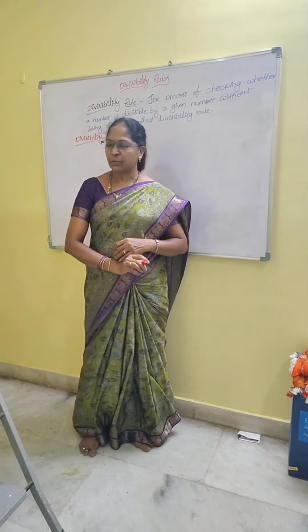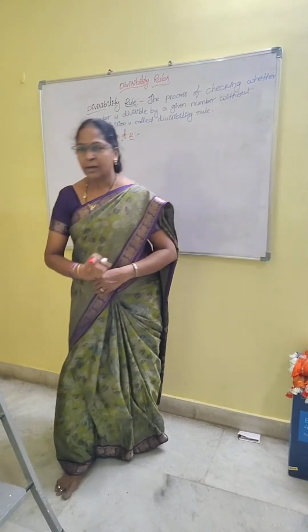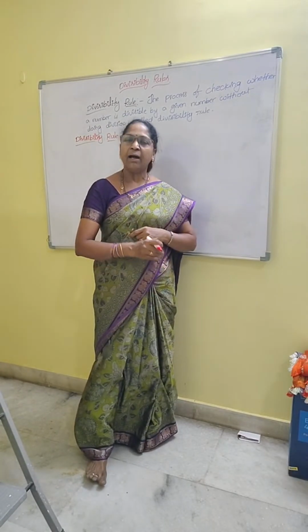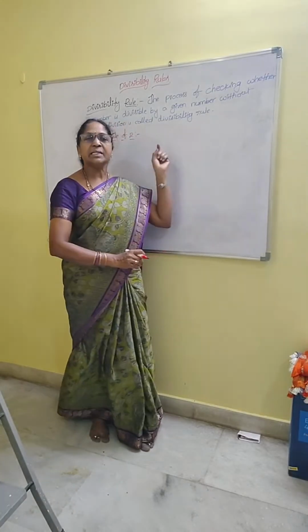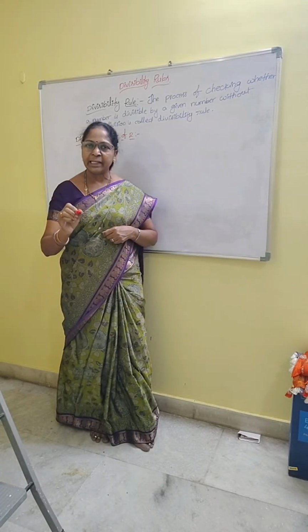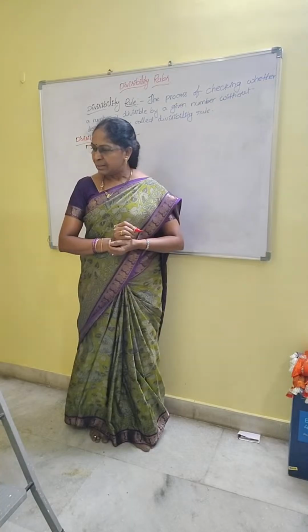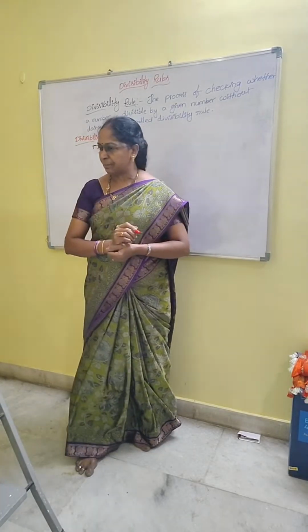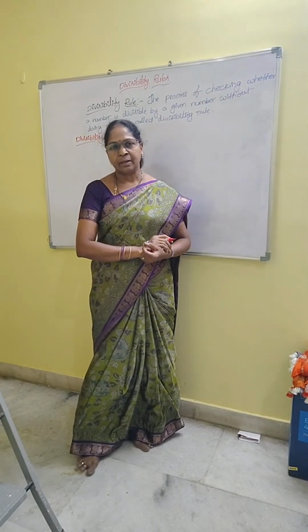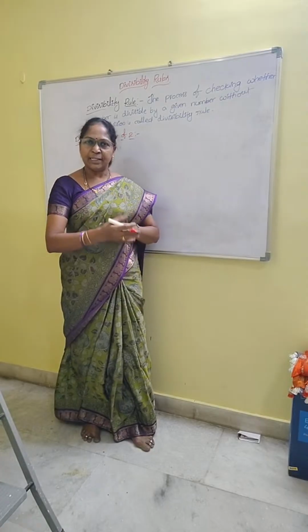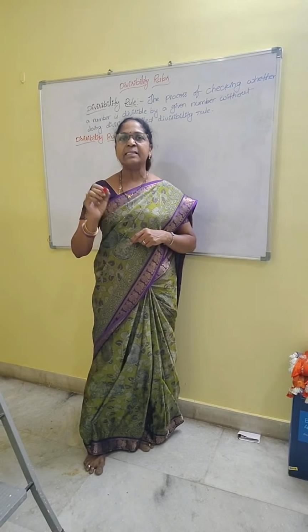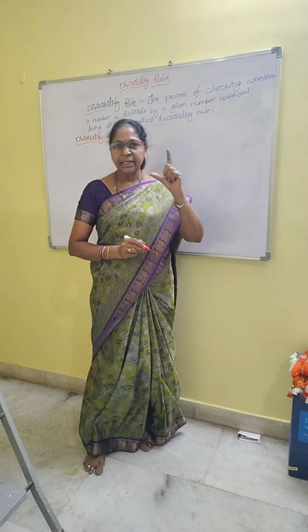What is the divisibility rule of 2? A number is divisible by 2 when the unit digit place of the number is an even number.